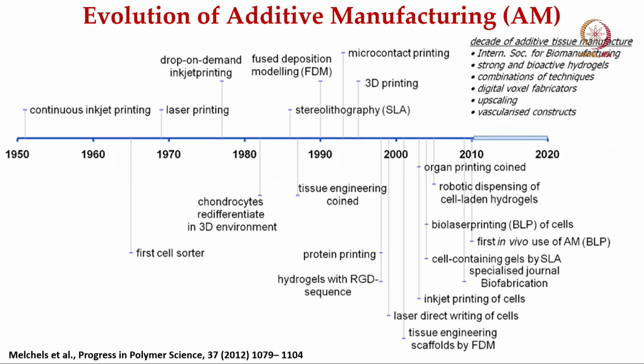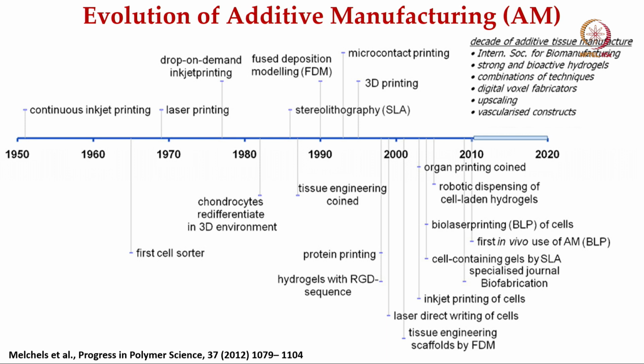For example, organ printing, robotic dispensing of cell-laden hydrogels, bio-laser printing of cells, the first in vivo use of additive manufacturing, cell containing gels by SLA, inkjet printing of cells, laser direct writing of cells, and tissue engineering scaffolds by fused deposition modeling.